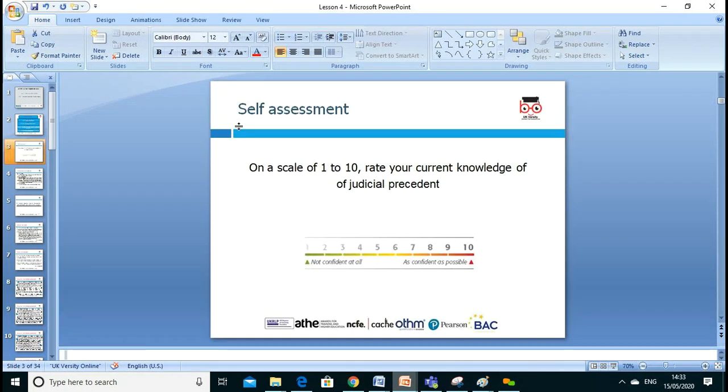8. Okay. Anyone else? Where can you rank yourself on the scale of 1 to 10? 7.